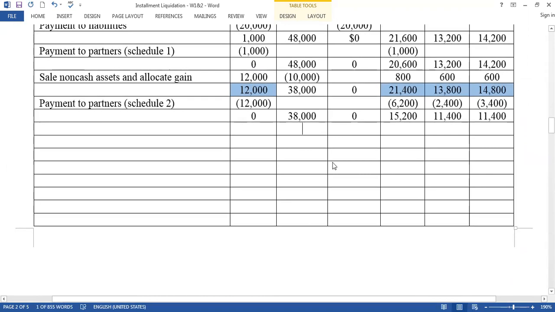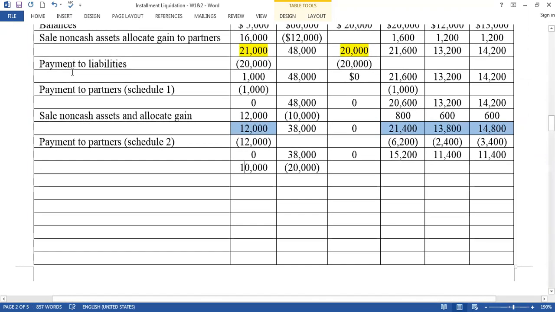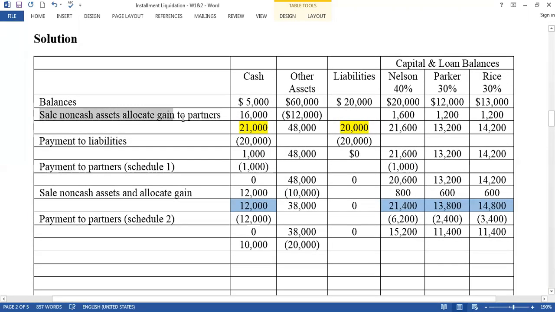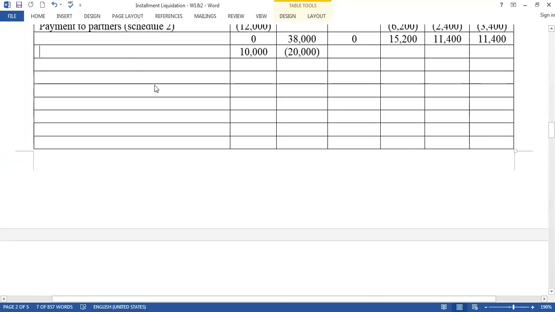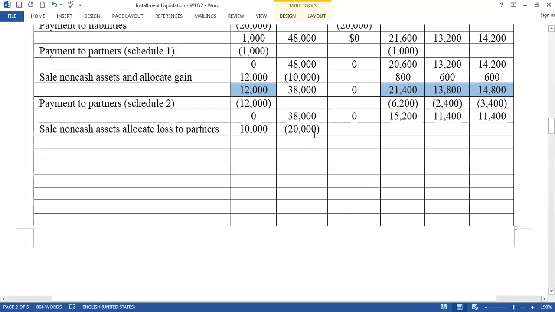Company sell $20,000 asset. Sorry, this is the book value they sell. And how much cash they receive? They receive cash $10,000. So this is called sell non-cash asset and allocate loss to partners. We sell non-cash asset $20,000 but receive cash only $10,000.